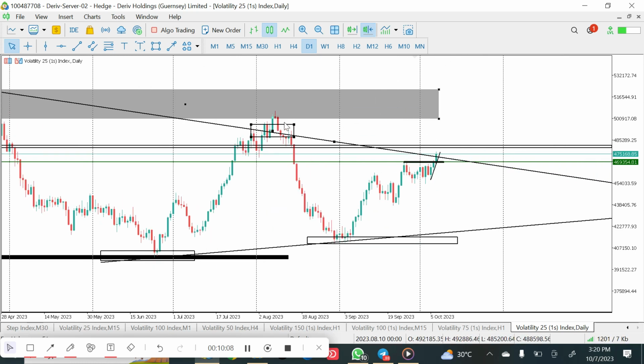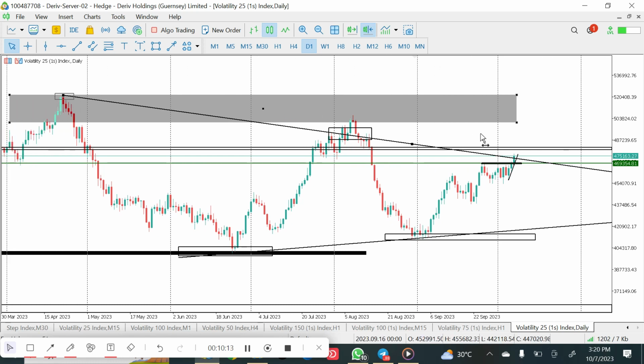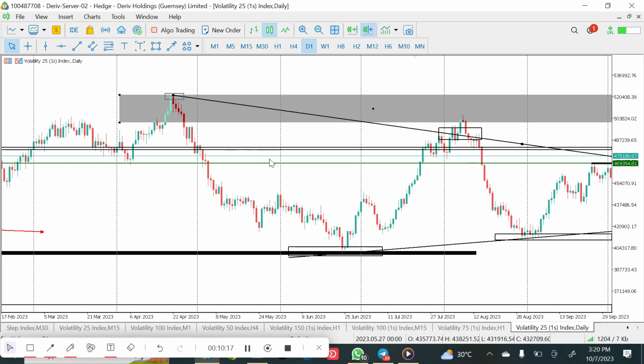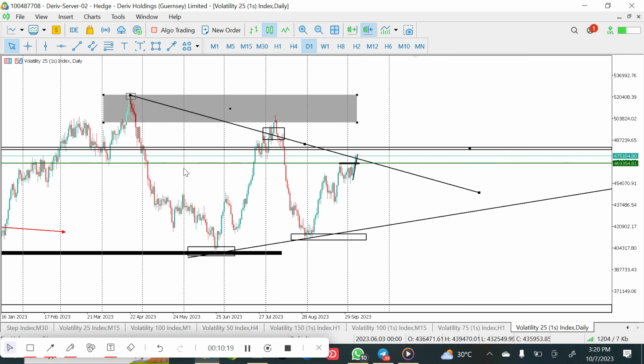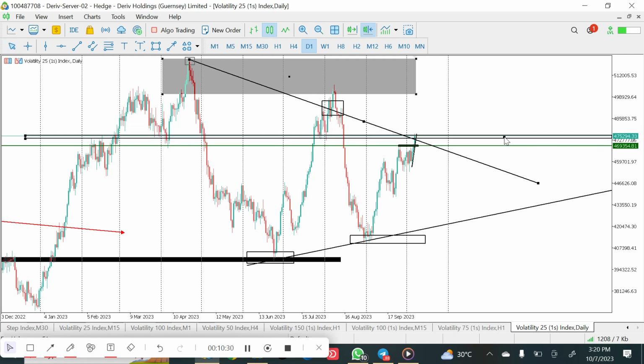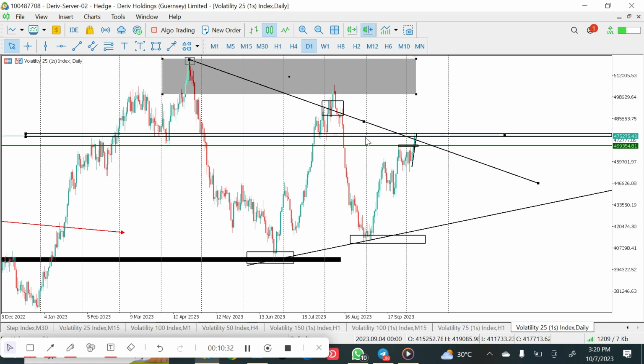what we are seeing is that market is pushing up again, and at this time, what is market seeking? Remember, we have this area of resistance right here, and if you want to adjust it on the daily, we can adjust it to this side, where previously this was support that has been broken.